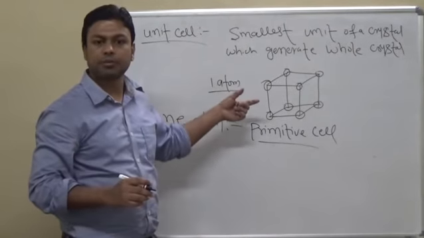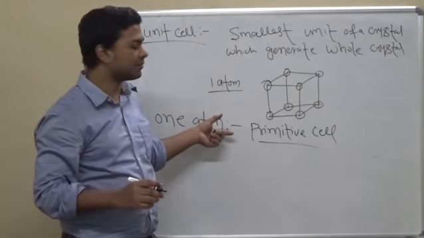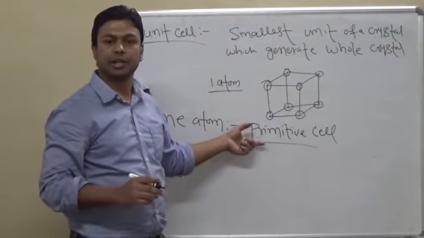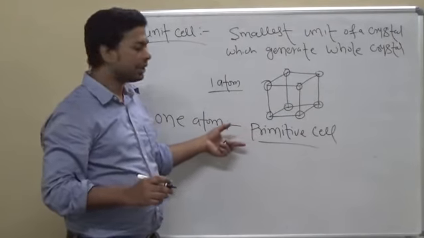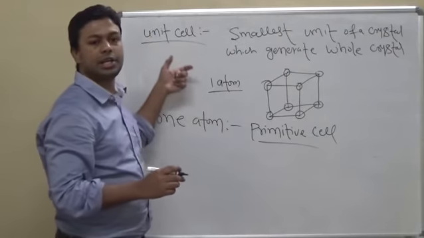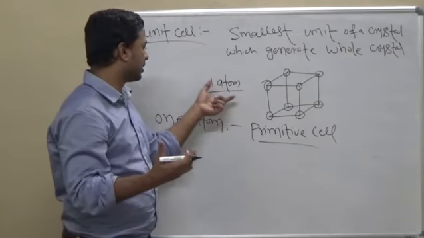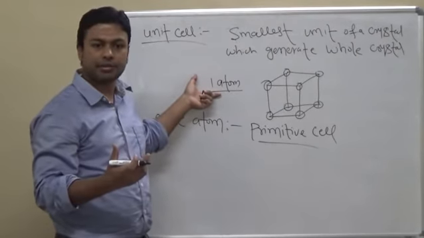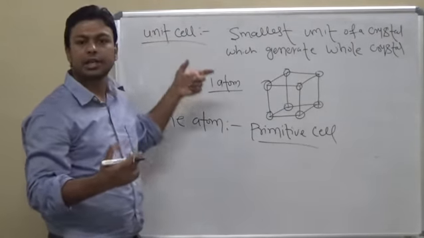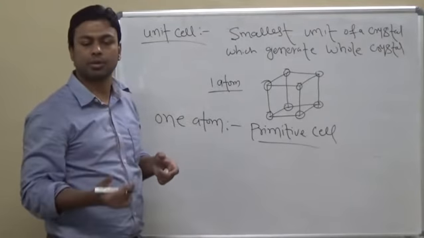If the effective number of atoms in a unit cell is 1, it is called a primitive unit cell. But a unit cell may have a slightly higher number of atoms. Here it is 1 effective atom, but in this case the unit cell may have 1 or more than 1 atoms.